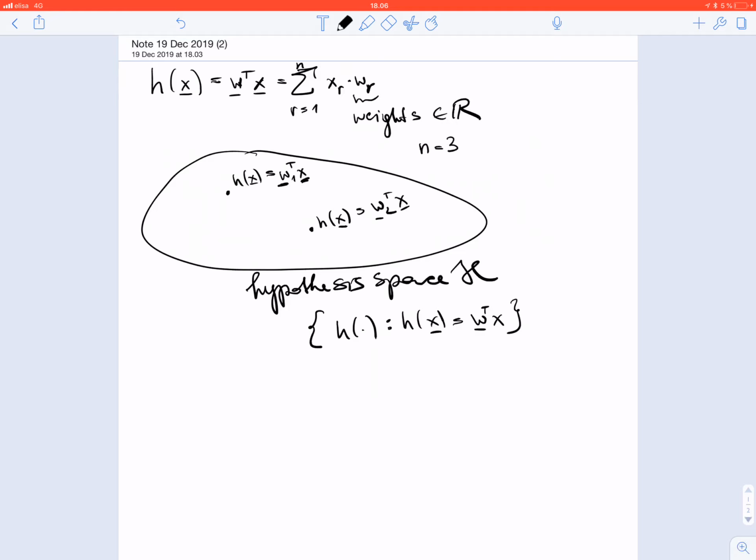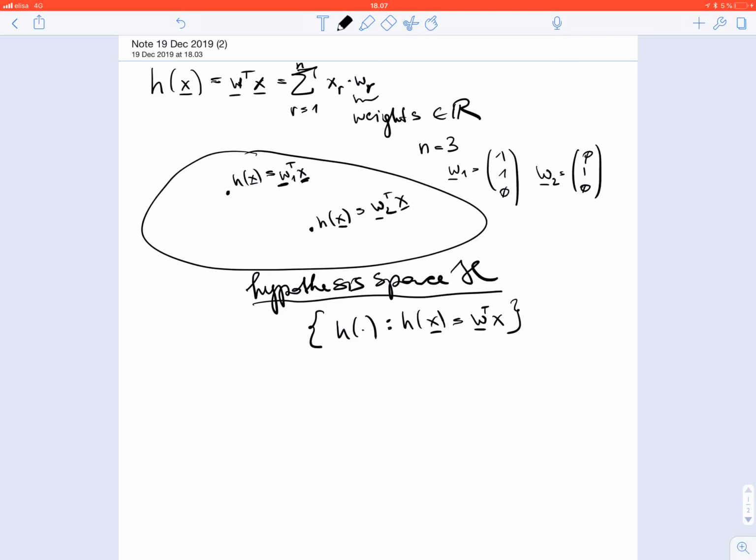To be concrete, let's assume we have only 3 features and the weight vector w1 could be 1, 1, 0, and the weight vector w2 would be 0, 1, 0.